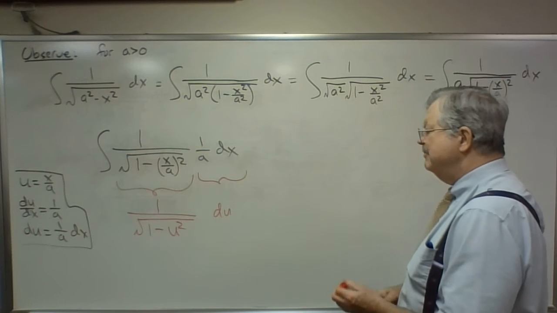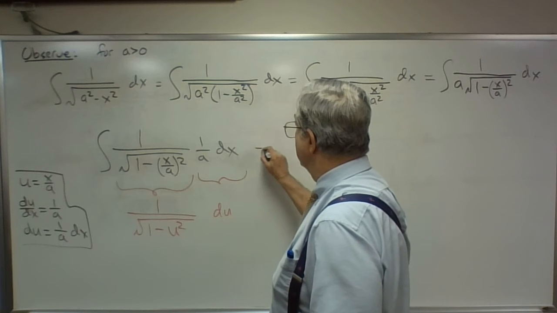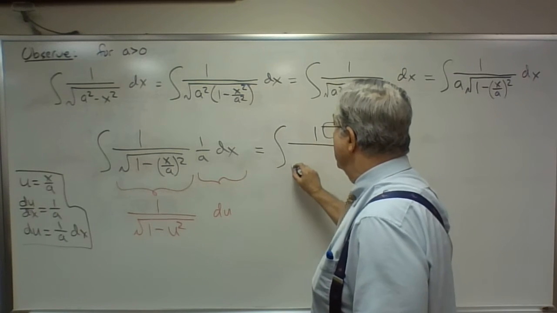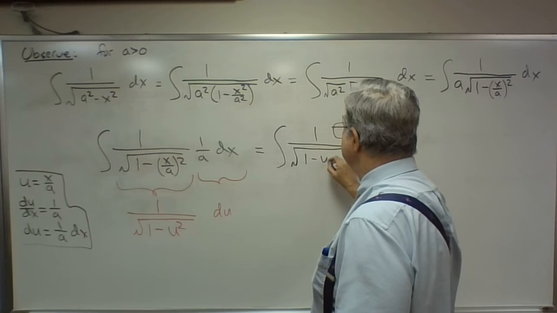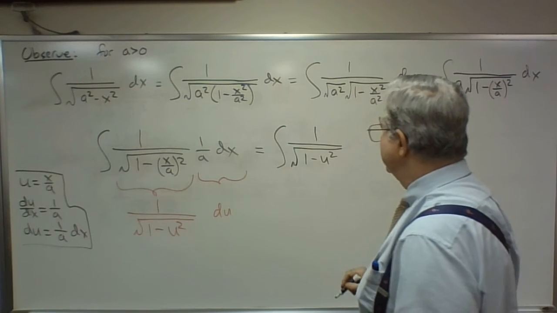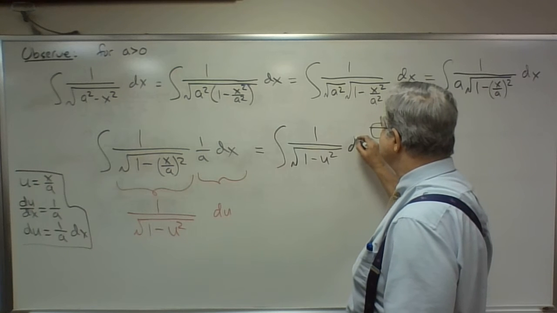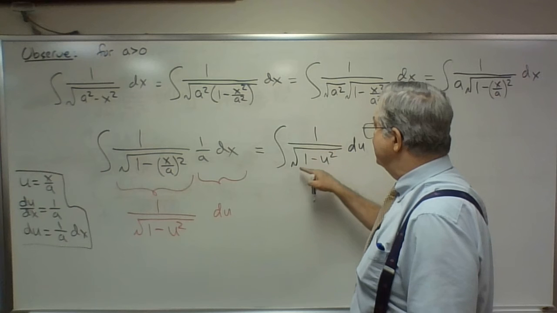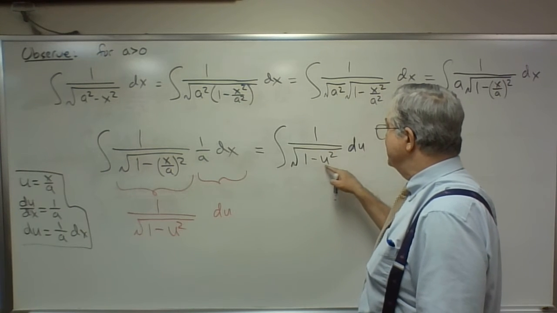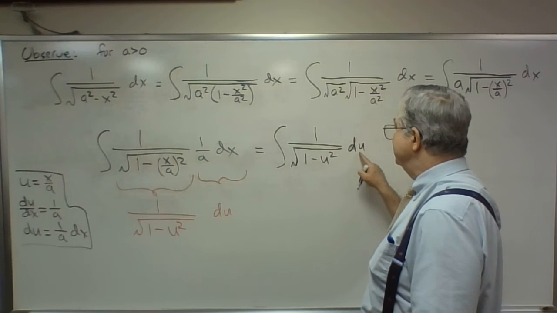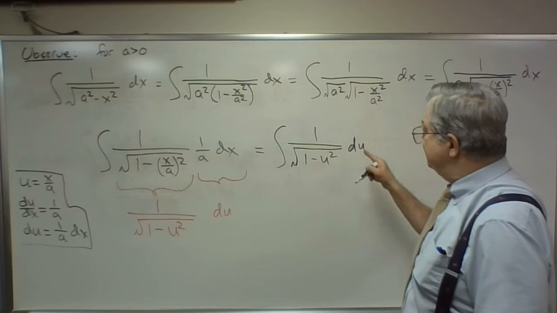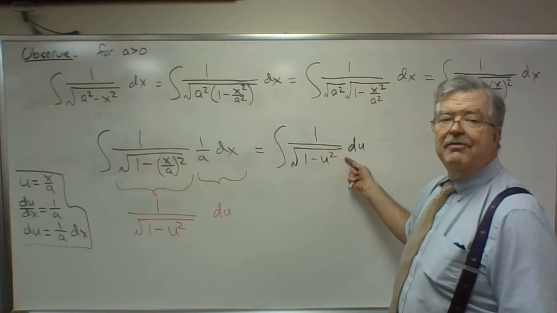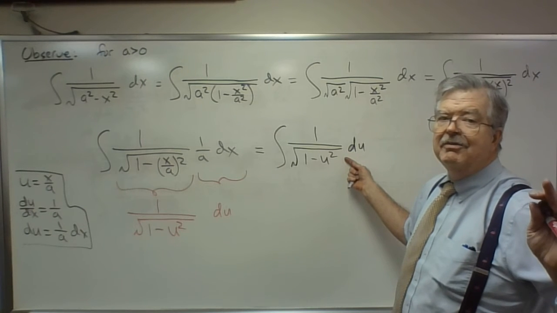Son of a gun, this fits a form that we already know. The integral of 1 over the square root of 1 minus u squared du. This fits a known form. This was going to be the form that we were going to memorize.